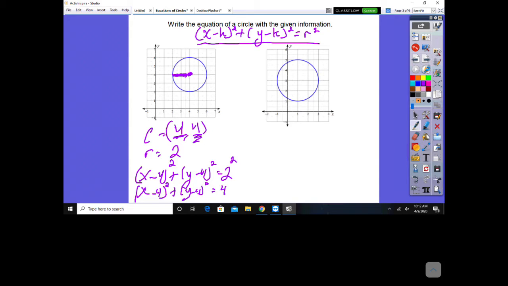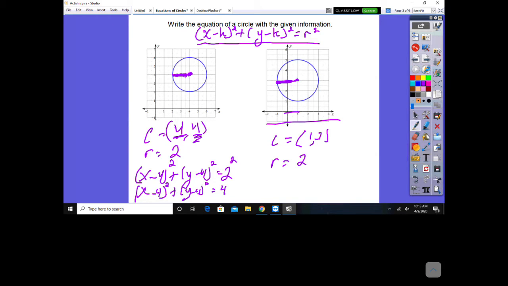Same idea right here, the second one. Find that center of the circle. That center, it looks like, is 1, 3. So the center is right here at 1, 3. The radius is this distance right here. Looks like 2 again.